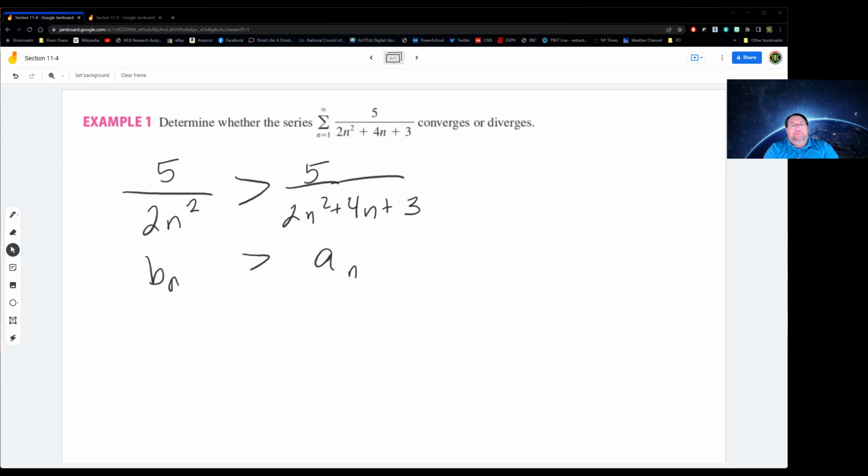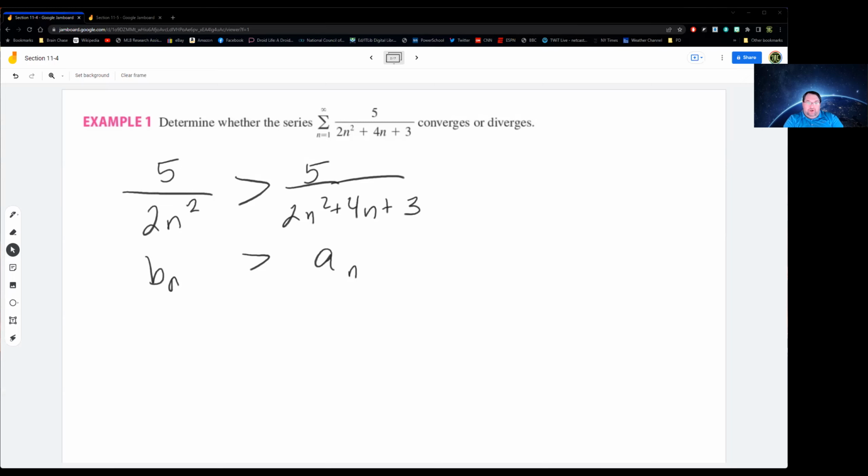Second thing we need to do is figure out, does it converge or diverge? So by 5 over 2n squared, this kind of looks like a geometric series, the way that it's set up. So I can pull out the 5/2, and I'm left with the 1/n squared.